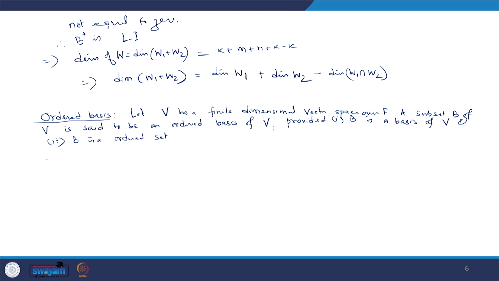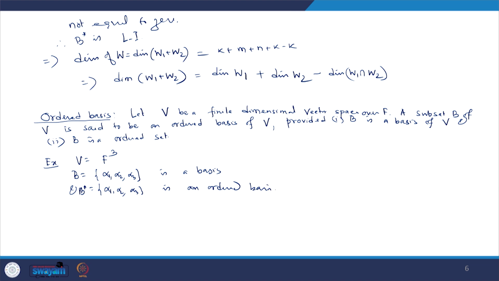So, let me take examples. Now, let V be equal to, say, F3. Suppose B equal to alpha_1, alpha_2, alpha_3 is a basis and B star, alpha_1, alpha_2, alpha_3, is an ordered basis.